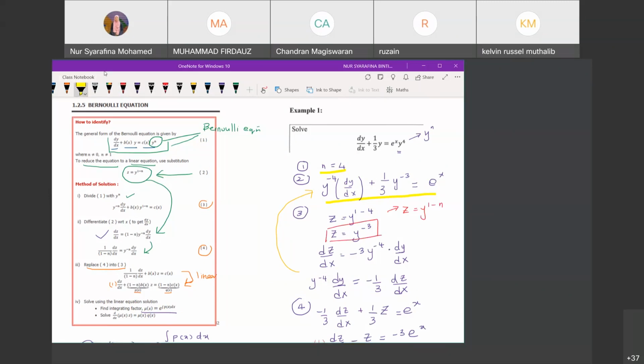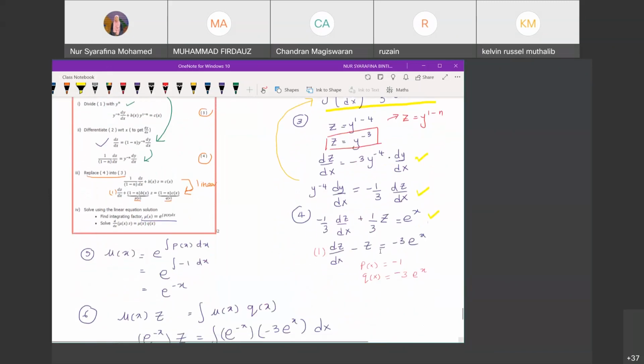Once you got the substitution, you have to differentiate and simplify and substitute to the differential equation given. Once you substitute, then you can reduce to linear and then identify the linear equation by identifying the p(x), the q(x), and make sure the coefficient of dz/dx or dy/dx equals 1. Then proceed with finding the integrating factor.